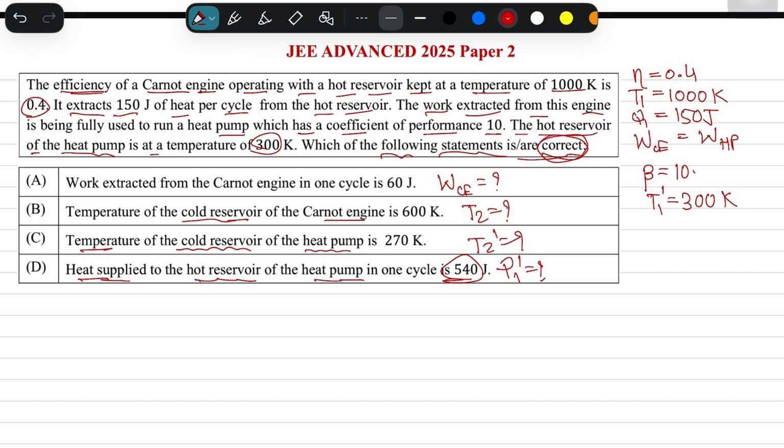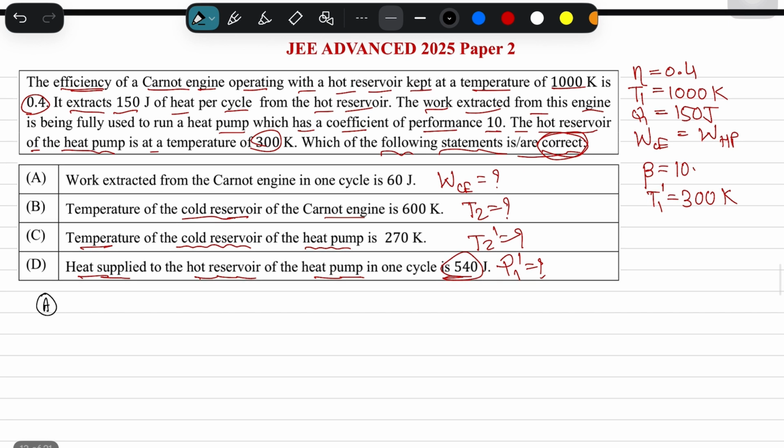First thing first, we are going to discuss the first option, that A is given as work extracted from the Carnot engine. So the first formula can be taken as eta is equal to, what is that eta? Eta is the efficiency. So whatever the heat is given can be converted into the work done, right?